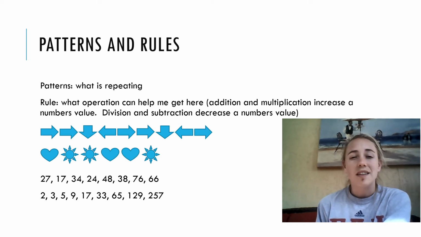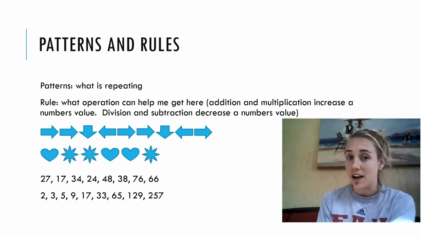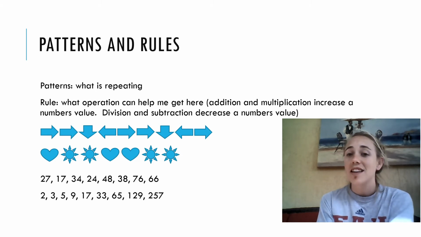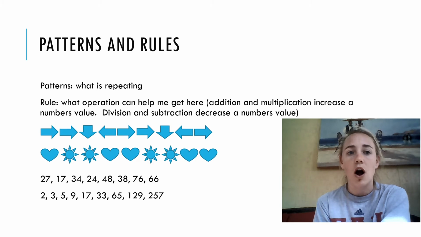So I know that the original part of the pattern goes heart, sun. It goes heart, sun, and then another sun. So if I have a heart and a sun, I know that it's going to be another sun coming next. After that, I have two hearts, so I'm going to go ahead and put my two more hearts.